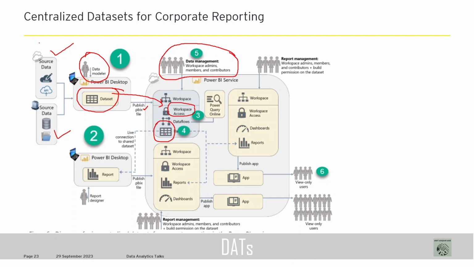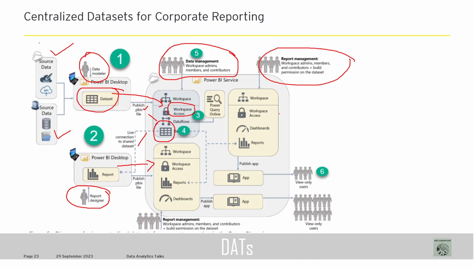And there is a report designer who is consuming the data from this shared data set and creating a report, and they publish to one of the workspace. This is one of the workspace. And there is another report management team. Again, they are consuming this data set and creating some dashboards and reports and publishing to workspace 2.